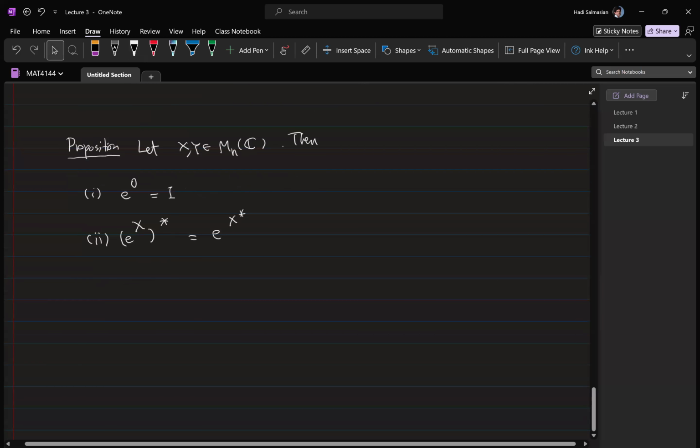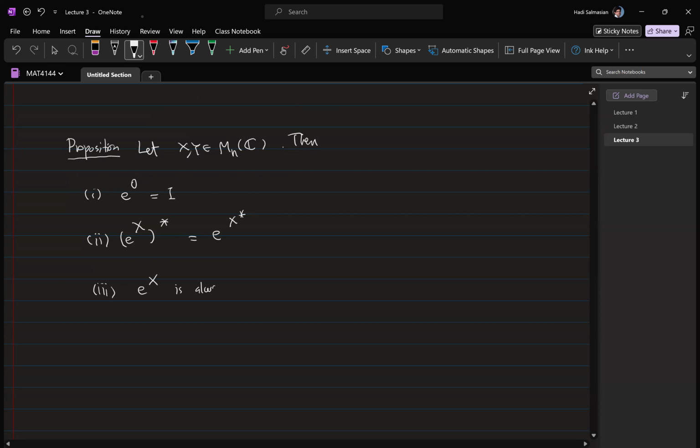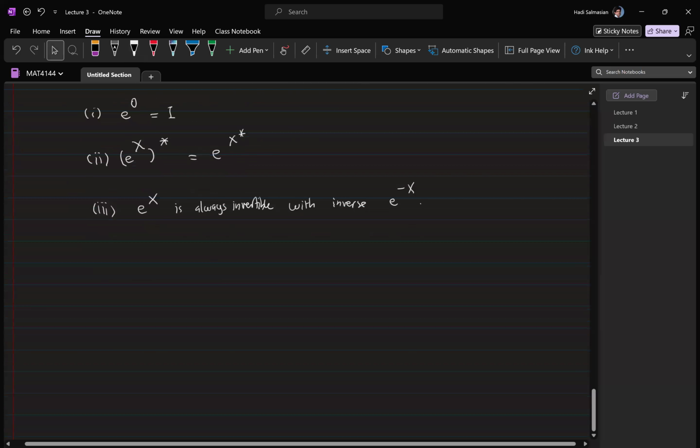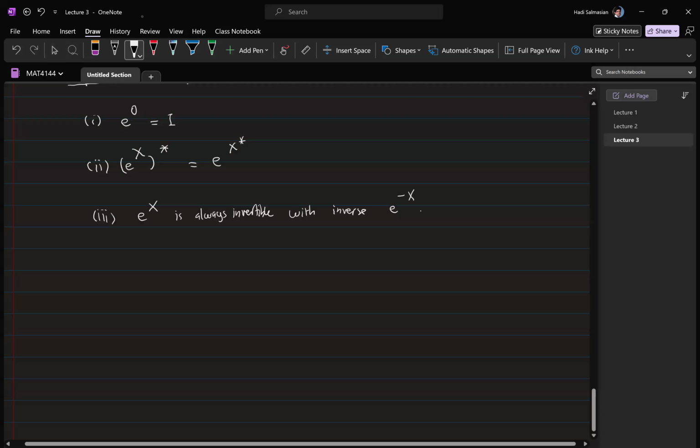The third is that e to the x is always invertible with inverse e to the minus x.